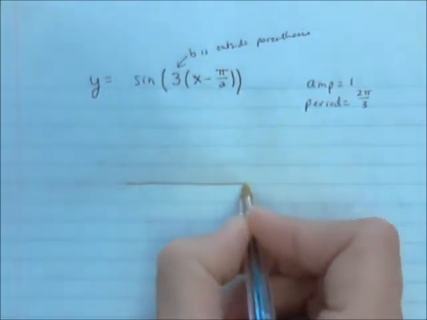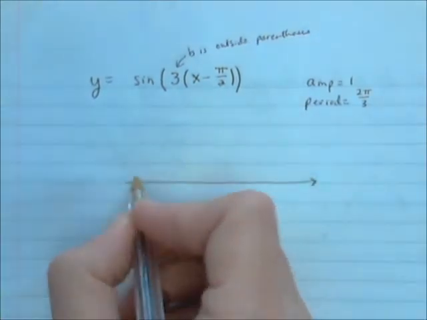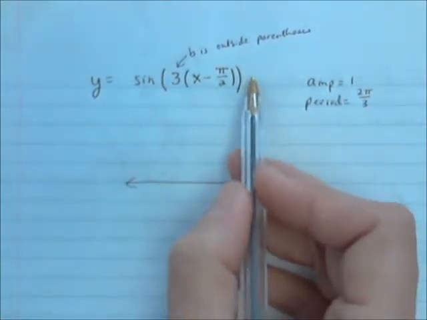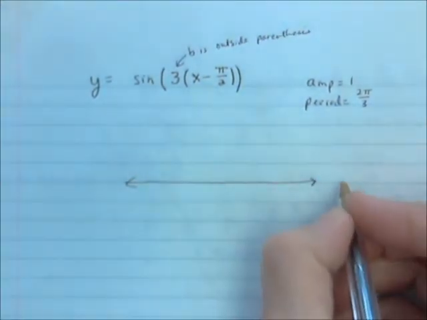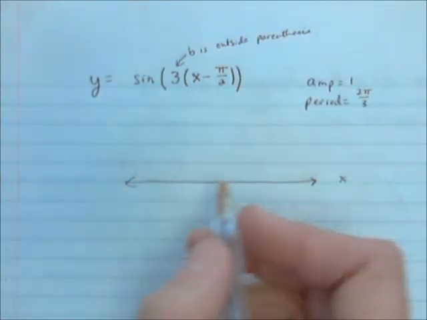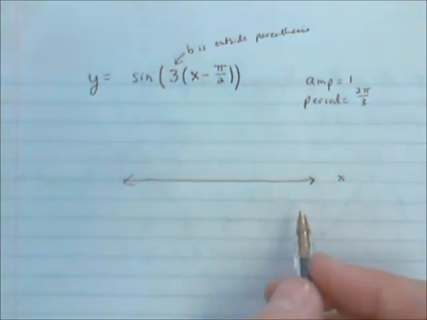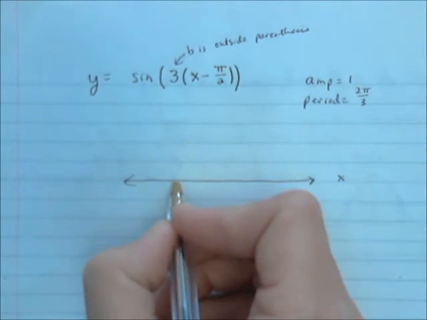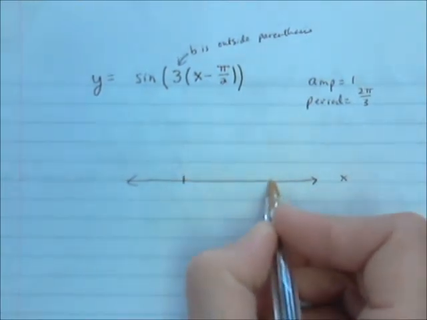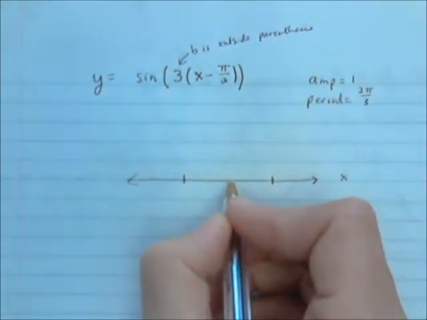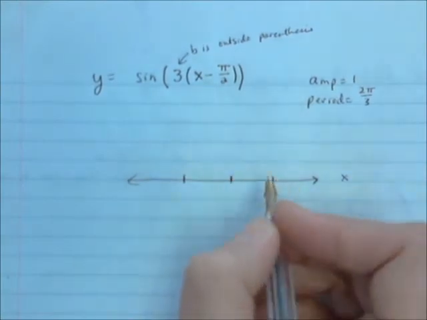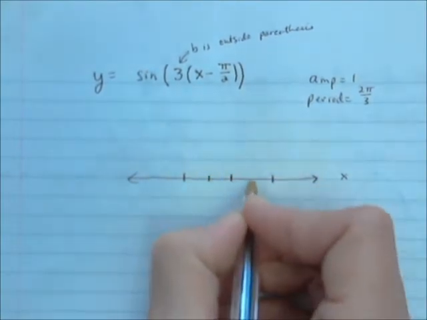So I'll just set up my horizontal axis. Now I told you that this is not going to be shifted up or down, so we can actually make this the x-axis or the line y equals 0. And we'll divide this up into 2 halves and then 4 quarters.